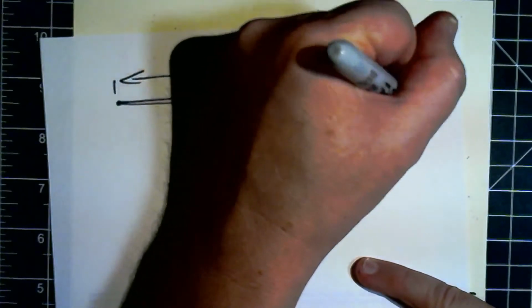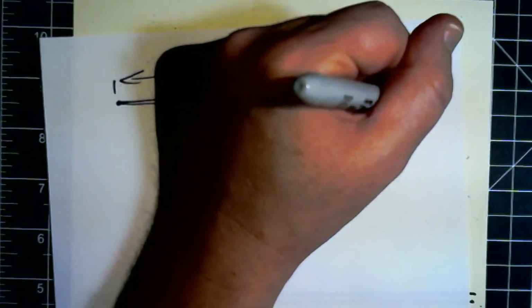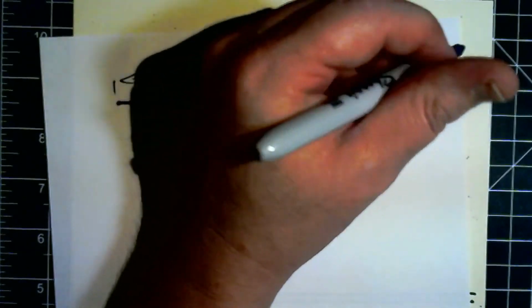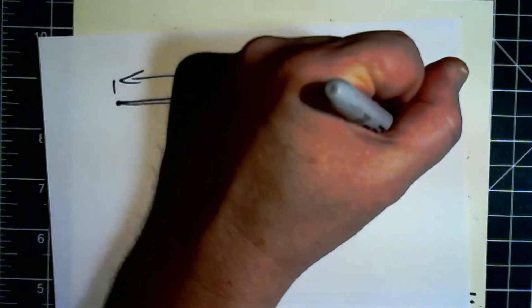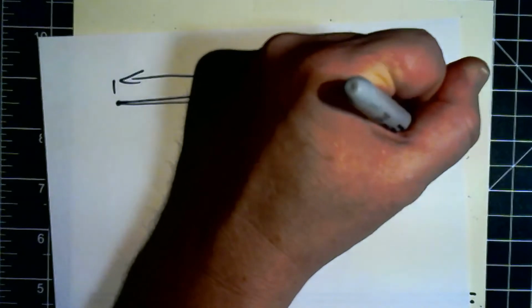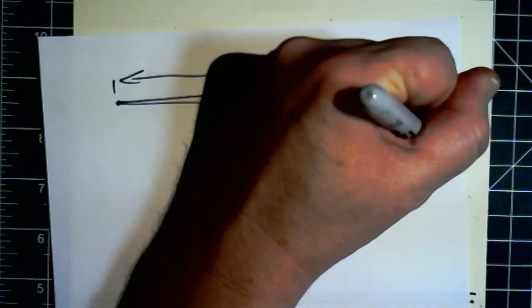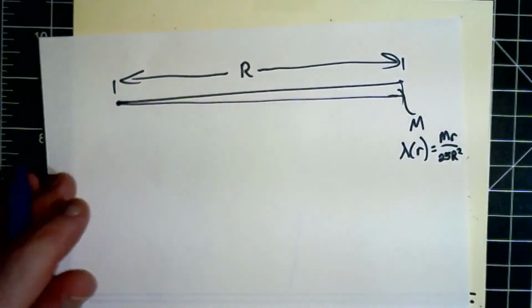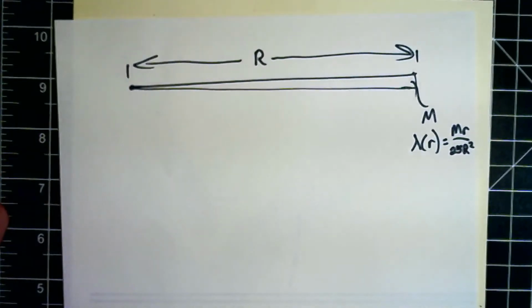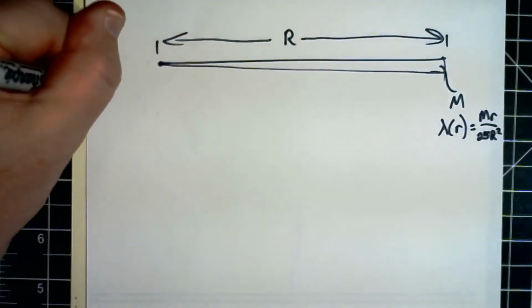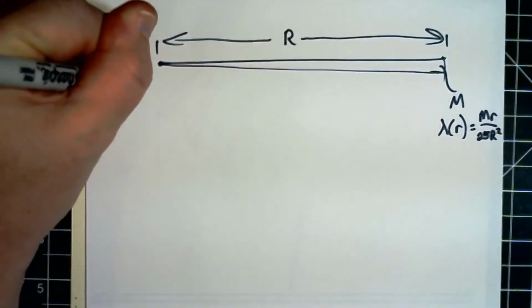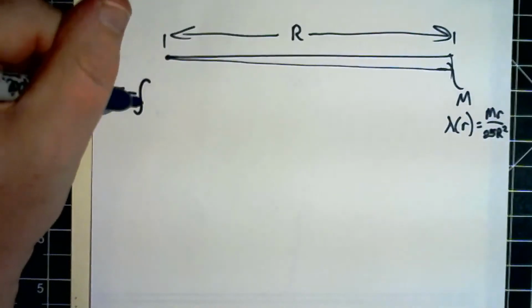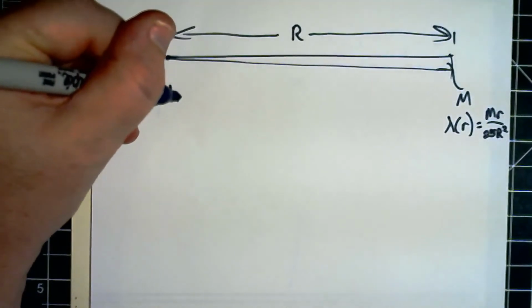It also has a mass. It says that's a mass of m, and it also has linear density, which is m times little r over 25 big R squared. So that's the linear density. So what I need to know is I want to calculate the rotational inertia of this rod. So if you go back to our calculus form for rotational inertia, I is the integral of r squared dm.